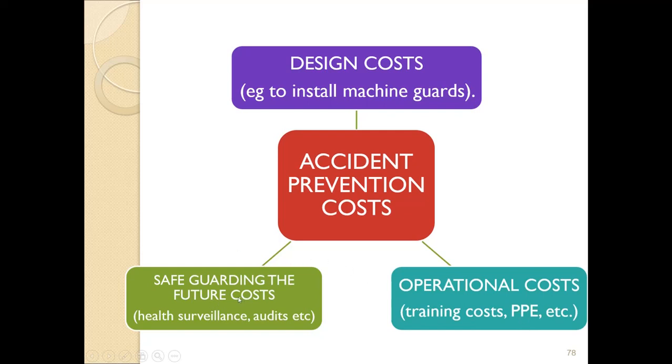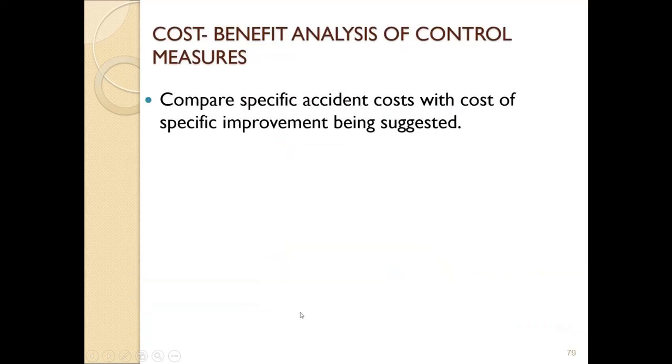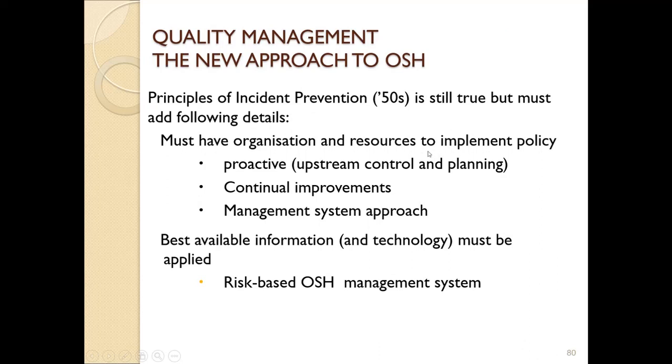And safeguarding the future cost is referring to health surveillance and audit. For the cost-benefit analysis of control measures, you need to compare specific accident cost with the cost of the specific improvement being suggested.